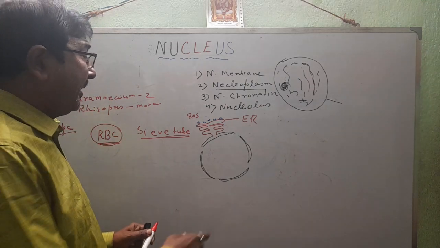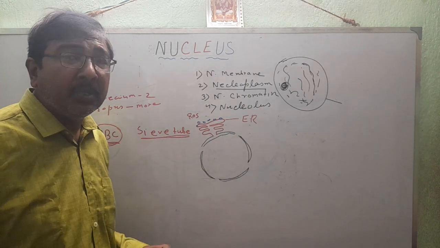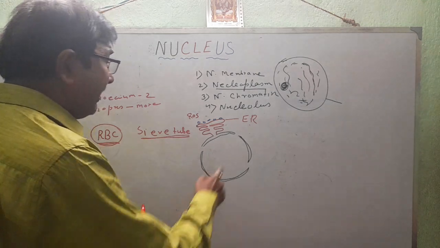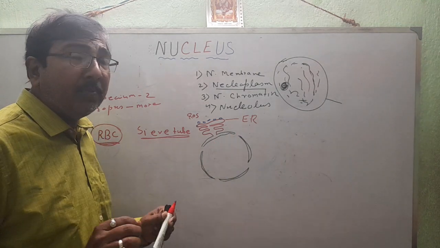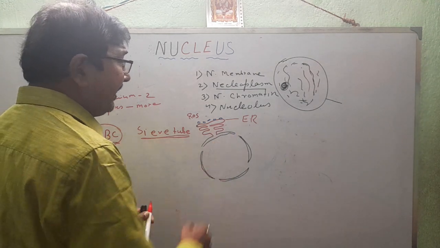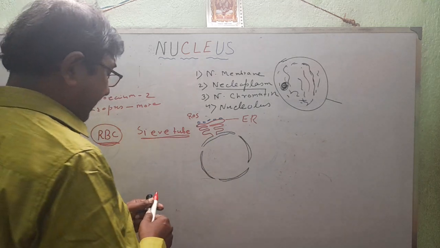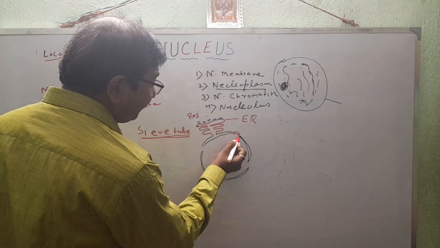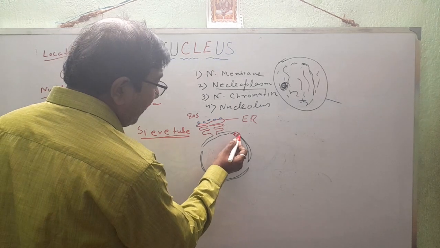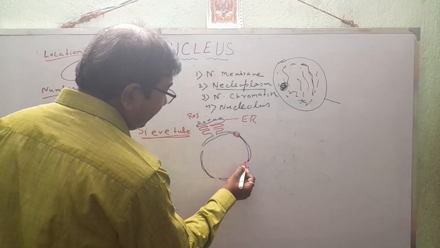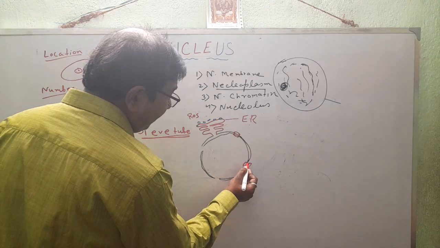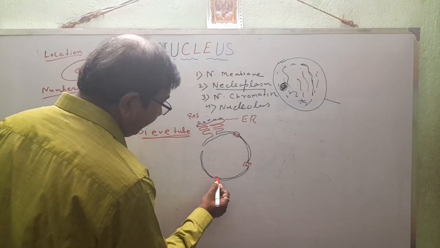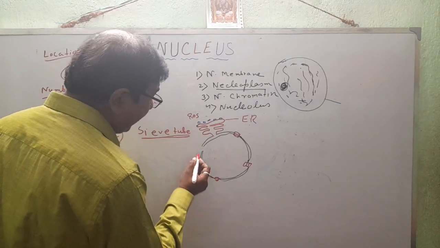The nuclear pore is also guarded by the nucleopore complex. There is a round structure like this. It is called the annulus, a round ring-like structure.